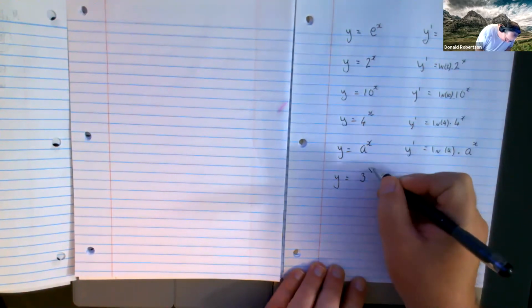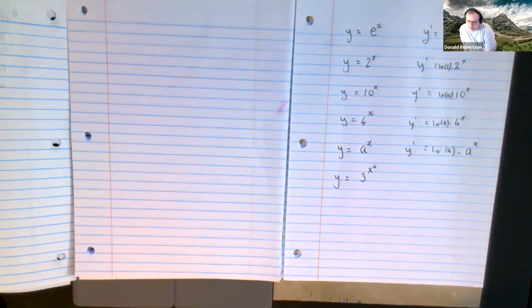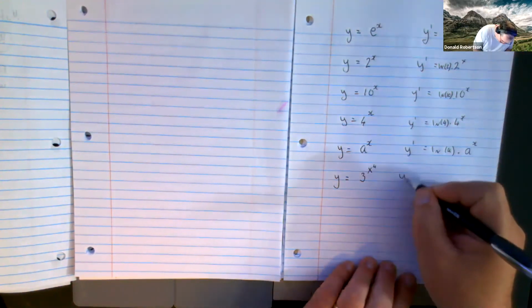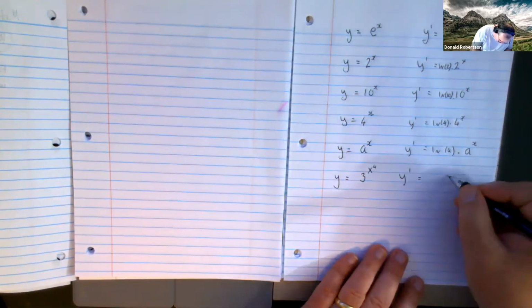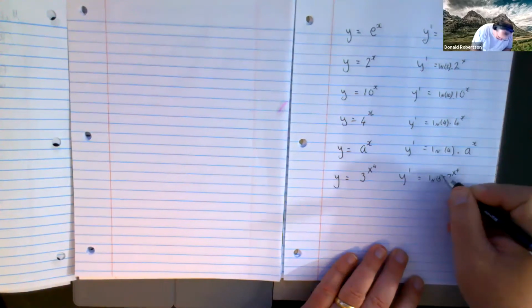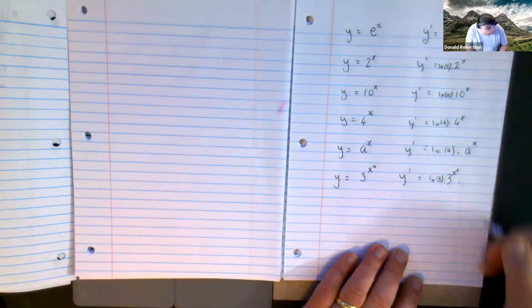How do you differentiate 3 to the power of x to the 4, for example? Well, if you think of this as a chain rule, isn't this 3 to the power of something? And if you want to differentiate 3 to the power of something, you get 3 to the power of something, and you tag on a log 3, and then you finish with the derivative of that something.